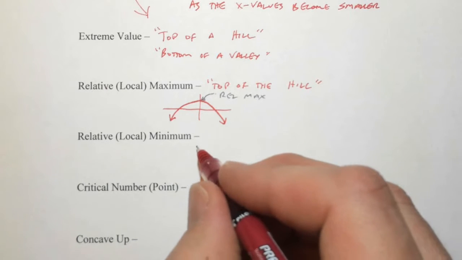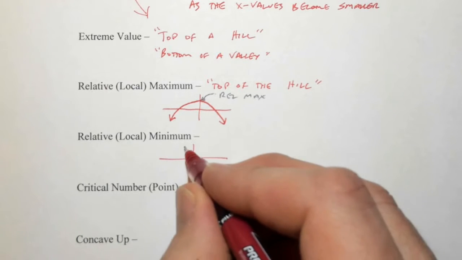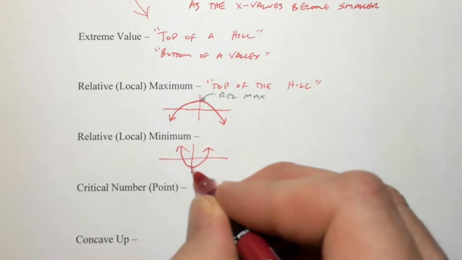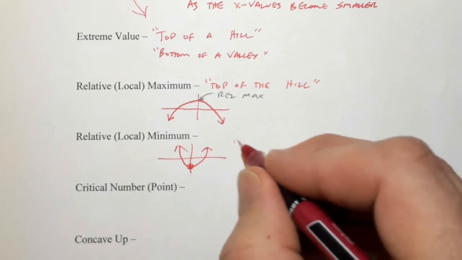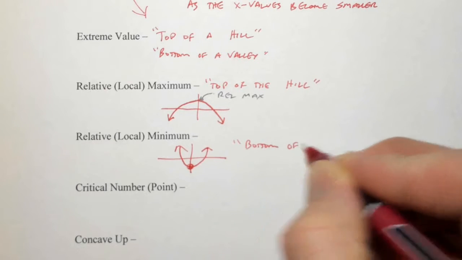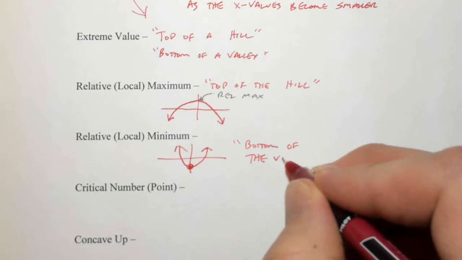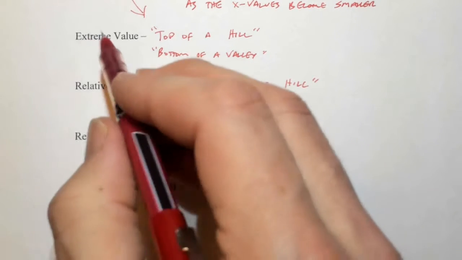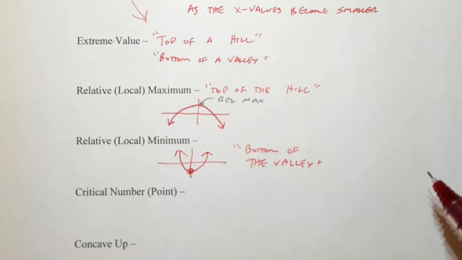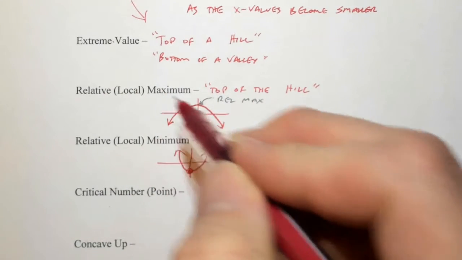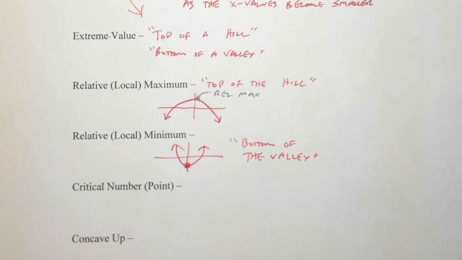And the local min, or the relative min, that's going to be the bottom of the valley. Right, that point right there. That is our relative min. So combined, the local maxes and the local mins make up the extreme values. In the same way, the extreme values can be split up into relative maxes and relative mins.